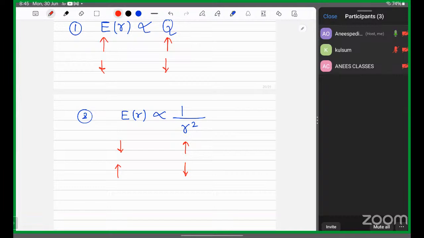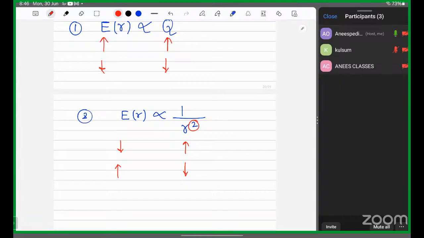Another interesting point in this proportionality is its power, square. It's not simply 1 by R. If it were simple 1 by R, increasing R by factor 2 would reduce E by factor 1 by 2, and increasing R by factor 4 would decrease E by factor 1 by 4.